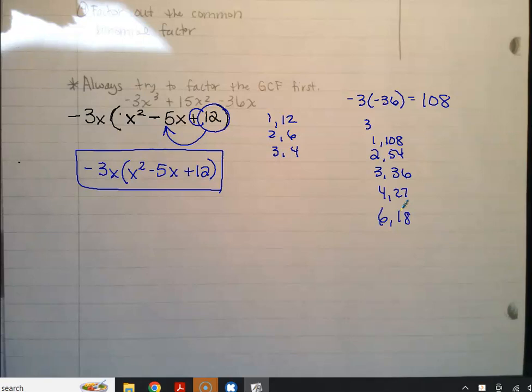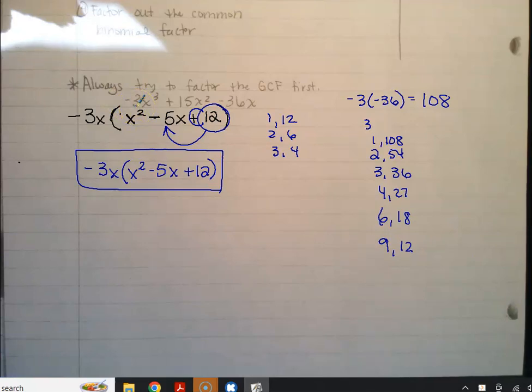Oh, that's a times. Sorry. 108 divided by 8 is 13.5. 108 divided by 9 should get me something. So we have 9 and 12. 10 won't work. 108 divided by 11 is not going to give me anything. And then we're back at 12. So we've checked all of them. None of these work. At that point, you might say, oh, I can't do anything, which would not be true.